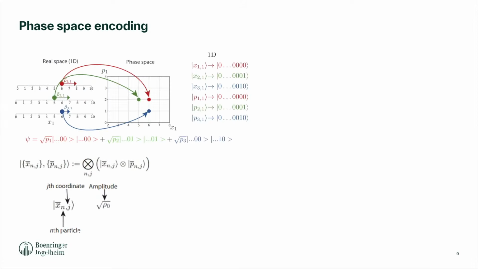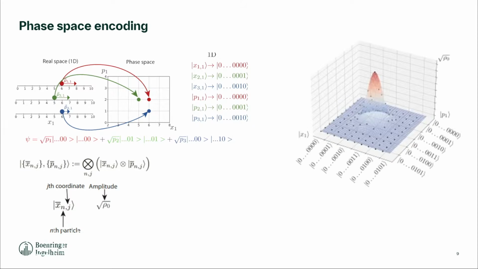For the encoding, we need a phase space encoding, and we do this by a grid decomposition of your positions and your momenta. So you can see an example here.